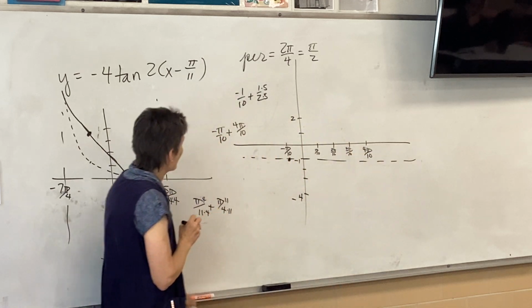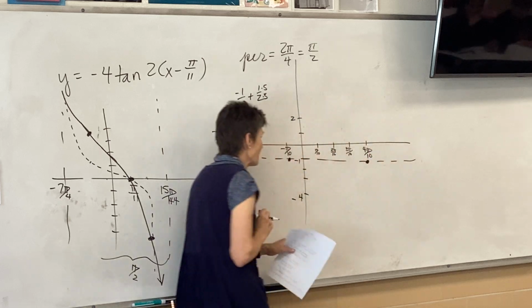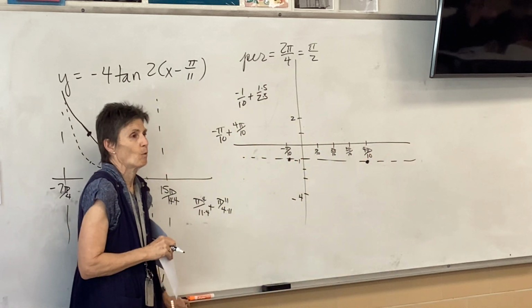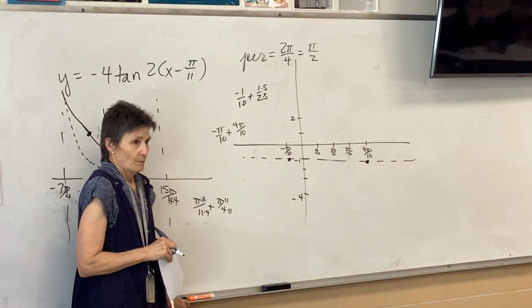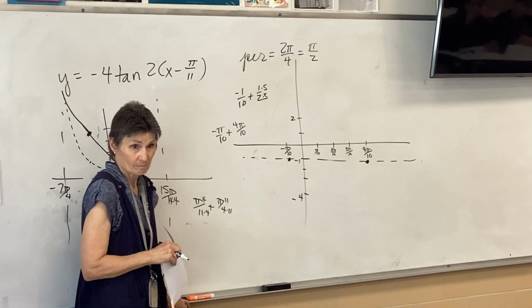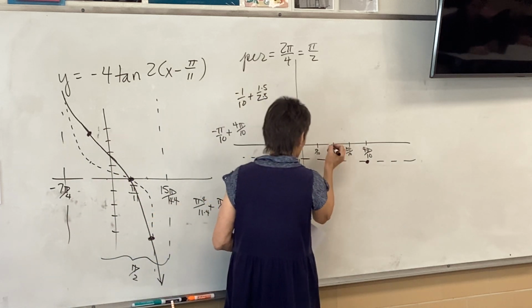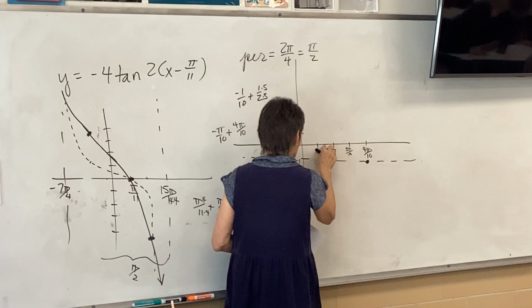All right, so what's right in the middle of my beginning and my end? What's right in the middle of -1 and 4? 3/20? Is that right? So 3/20 would be like right here. So that's my middle.